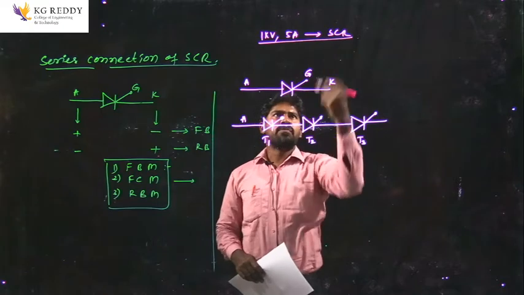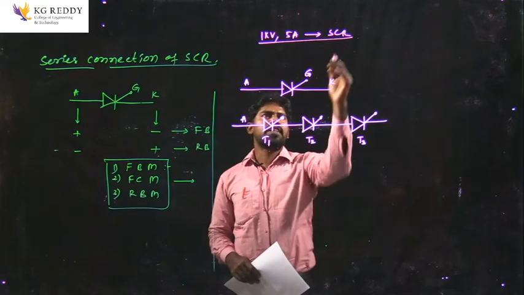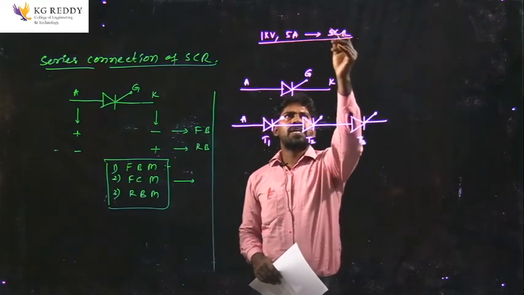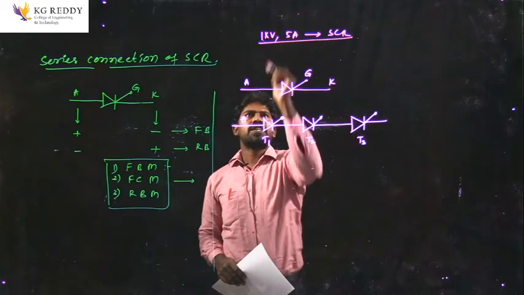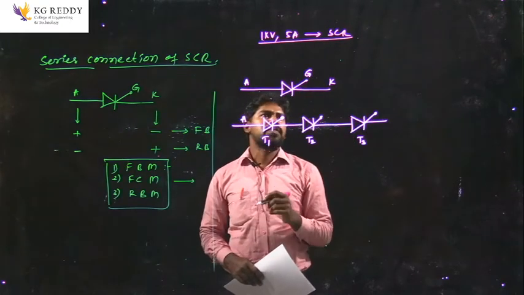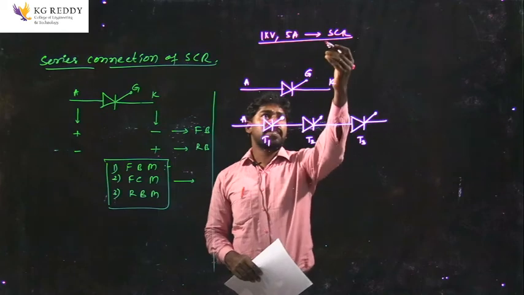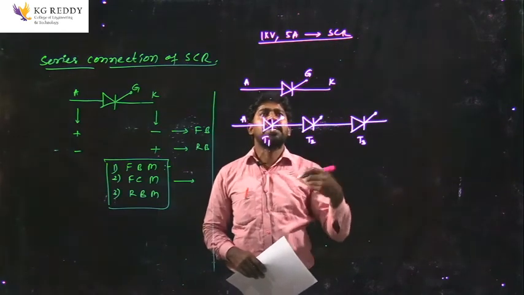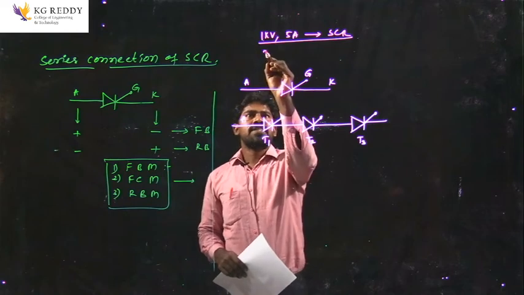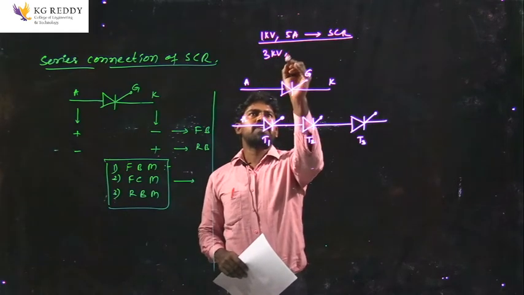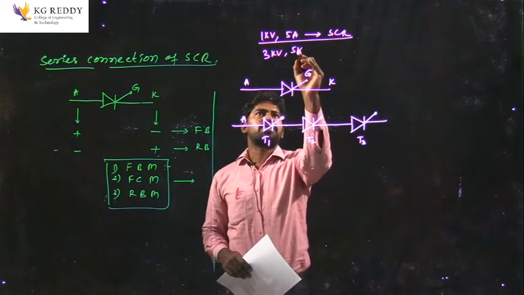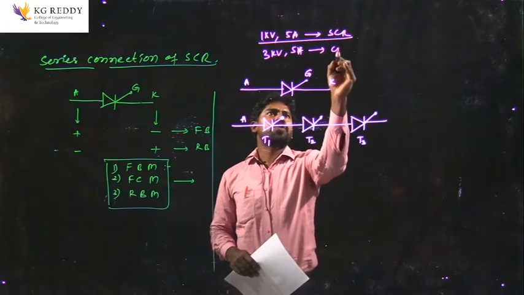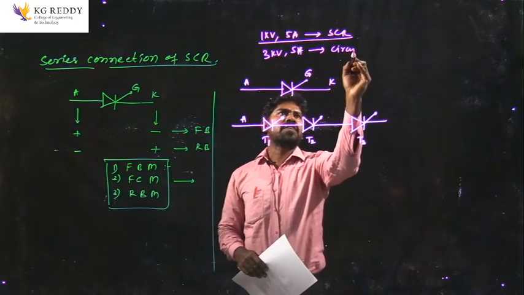This is my SCR. The SCR rating is 1 kilovolt and 5 amperes. Whether this 1 kilovolt, 5 ampere SCR is suitable for a 3 kilovolt, 5 ampere circuit or not, I am going to check.